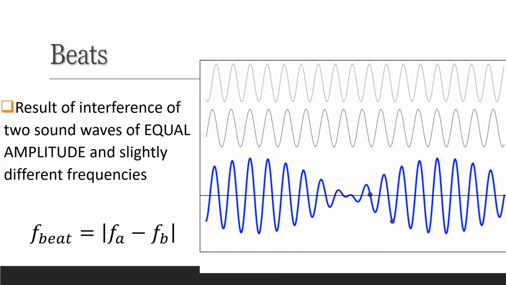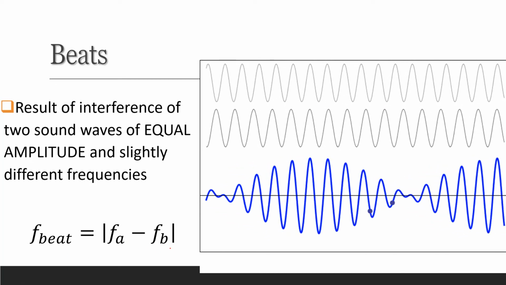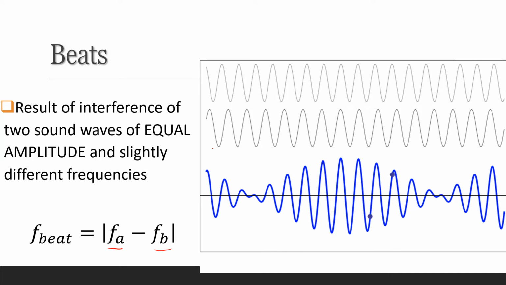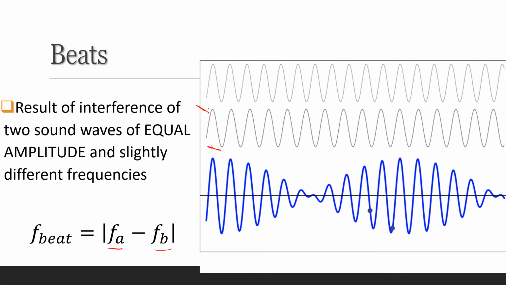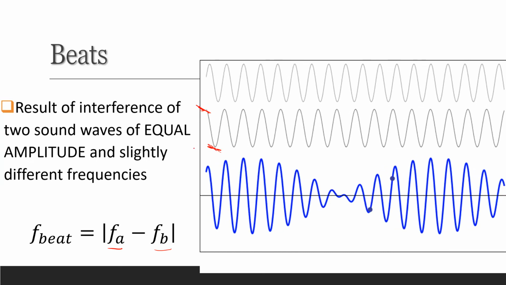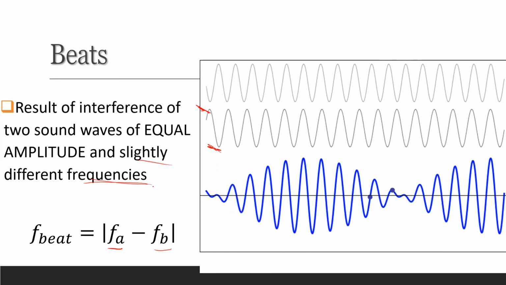So we call this one beat frequency, and beat frequency is just the difference between the two frequencies of these two waves here. Take note, the two waves have the same amplitude, but slightly different frequencies.